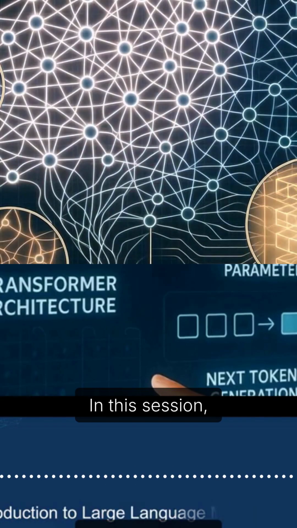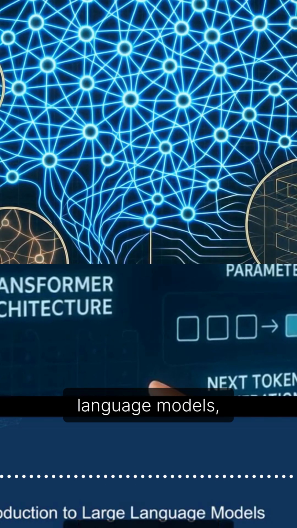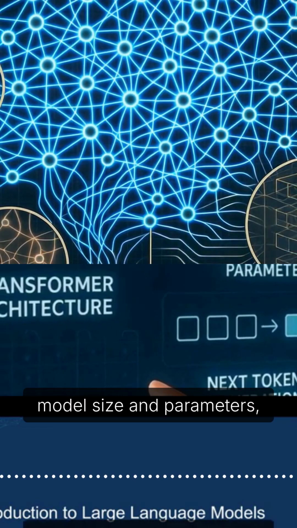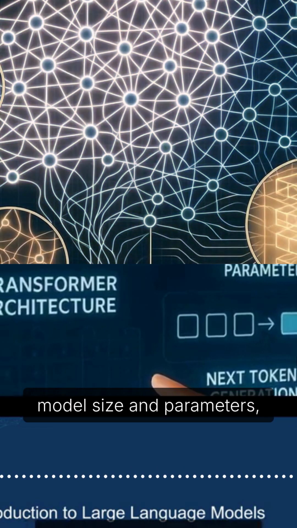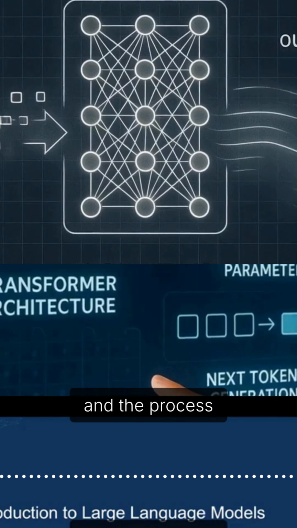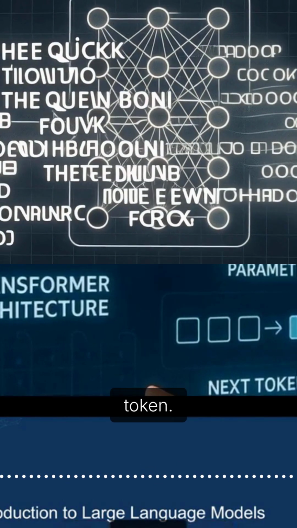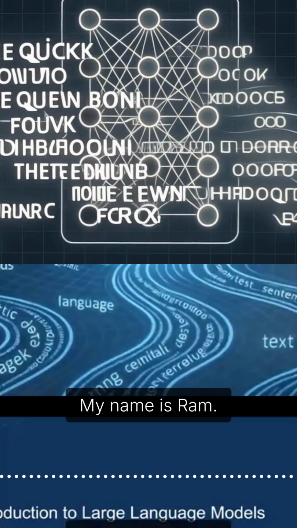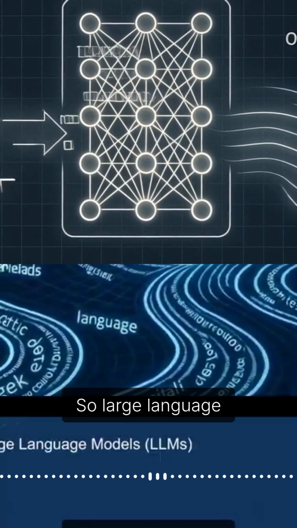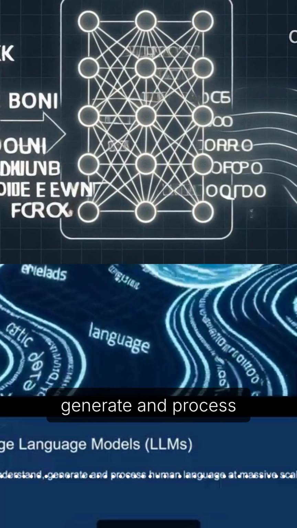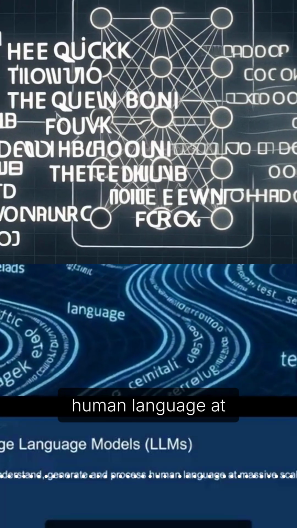In this session, I'll cover the definition of large language models, model size and parameters, transformer architecture, and the process of generating the next token, how these models generate the next token. My name is Ram. Large language models understand, generate, and process human language at a massive scale.